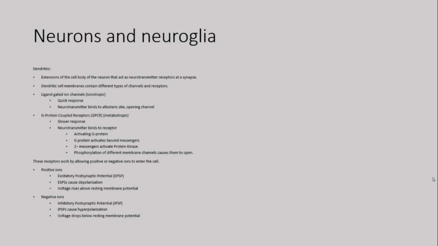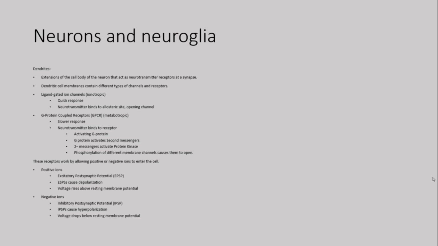So we said that if we have a neurite which relays signals towards the soma, we call it a dendrite. So what is a dendrite? It is an extension of the cell body, the soma, and it has neurotransmitter receptors at its synapse. It contains different types of channels and receptors.